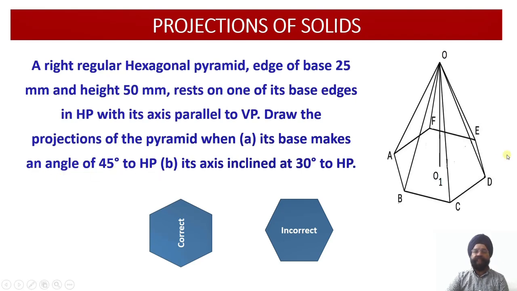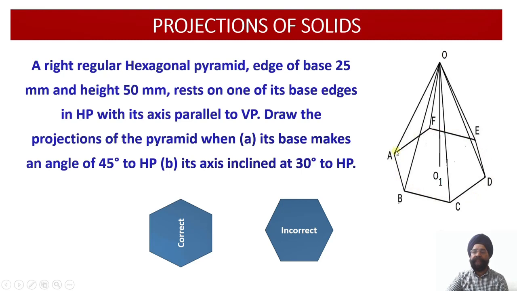So since this pyramid is inclined to the horizontal plane and it is having one of its edges on the horizontal plane, to begin with we are going to assume that this solid will be standing upright while it will be resting on its hexagonal face onto the horizontal plane.